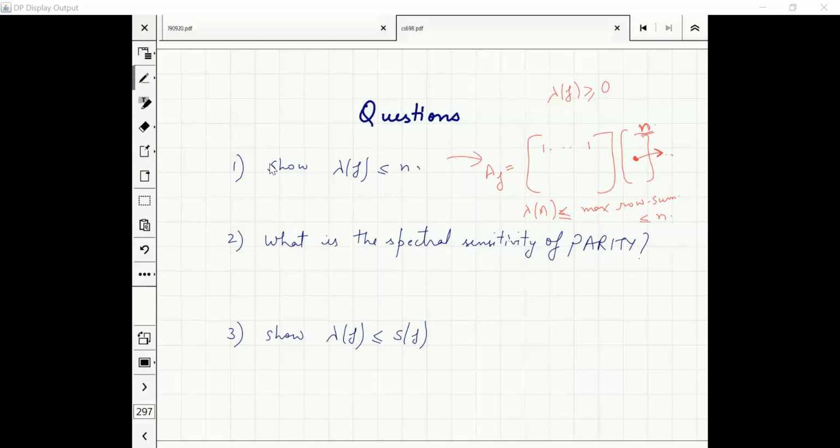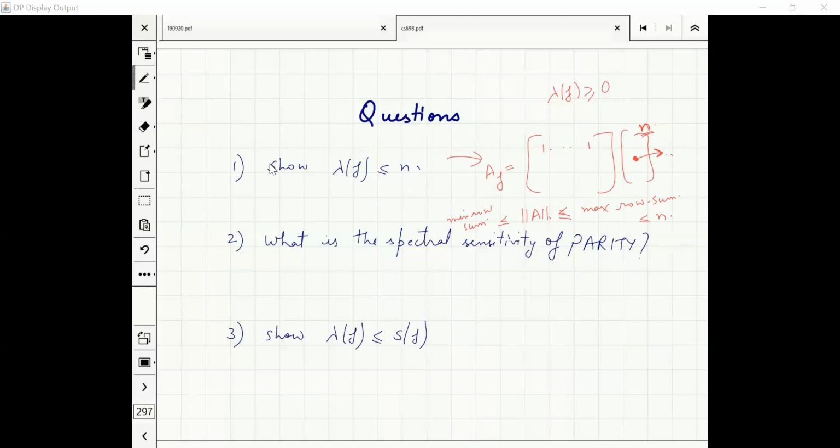For any matrix, any eigenvalue is actually between its minimum row sum and maximum row sum. Sorry, the maximum eigenvalue, I meant. The spectral radius of A is between the minimum row sum and maximum row sum. But you can prove it.